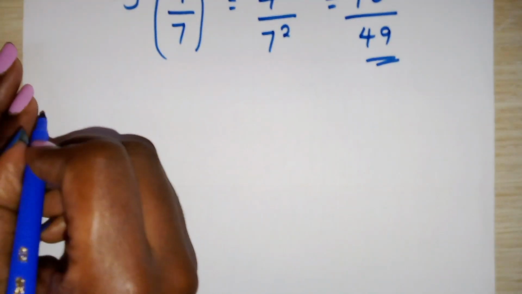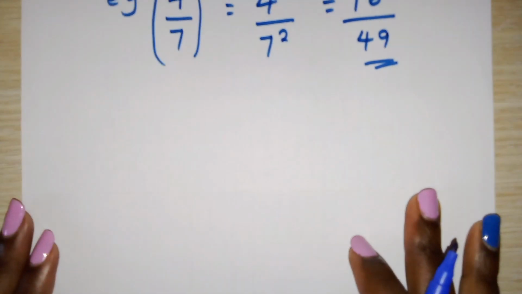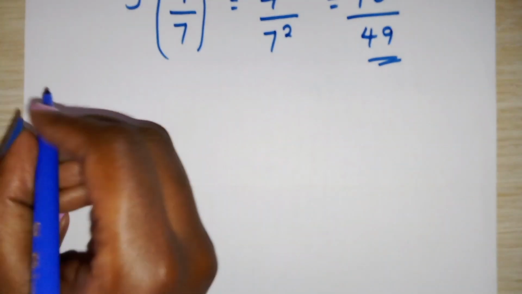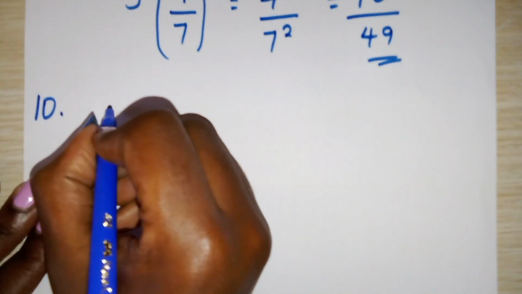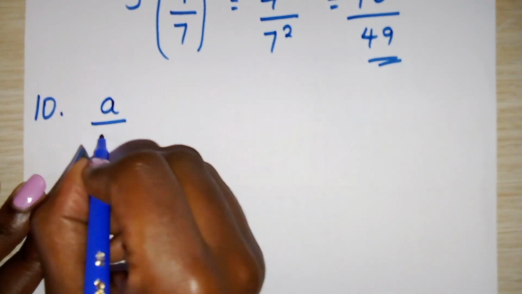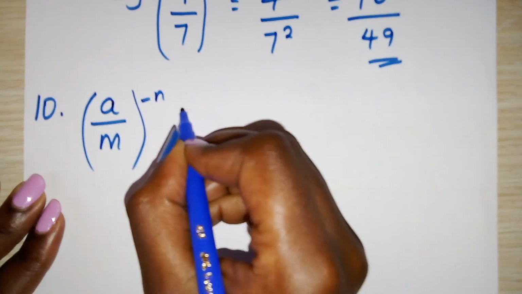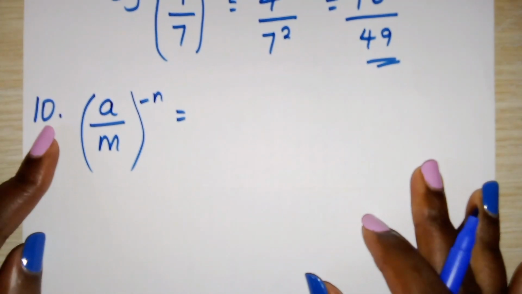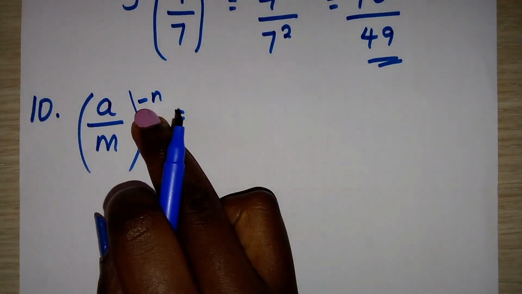Now on to the last law. Make sure you've written all these laws, because in the next session we will look at more examples from the IGCSE papers. Okay, so remember, when it's a negative power, we can change it by reciprocating.